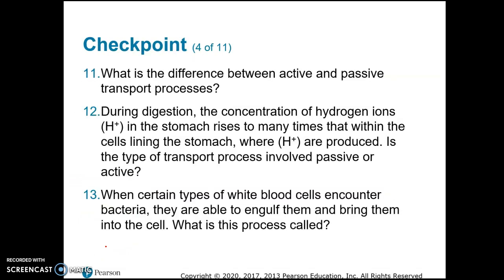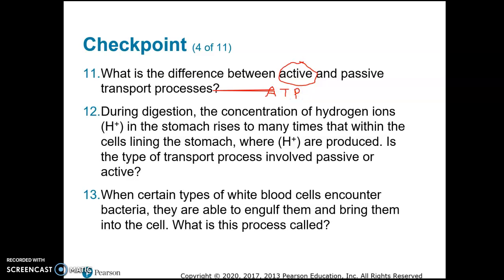All right, what is the difference between active and passive transport processes? Well, the easy thing is that active processes require energy. Mostly that energy is in the form of ATP, or adenosine triphosphate.